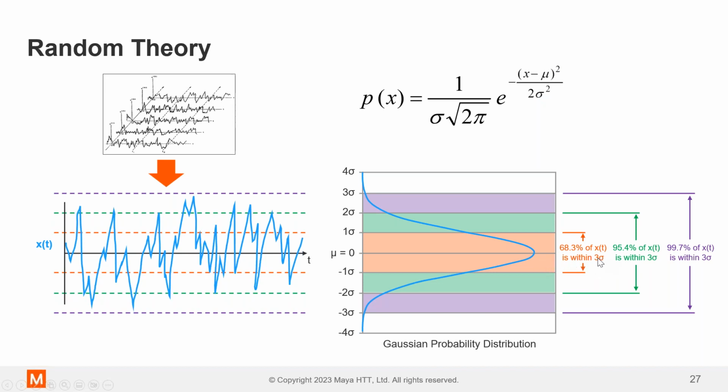My apologies, that's actually 1 sigma, and 2 sigma, and 3 sigma. And then 95.4% is going to be within a 2 sigma band here. And then 99.7% of the time history is going to be within 3 sigma. And 3 sigma is often the standard for what we analyze too.